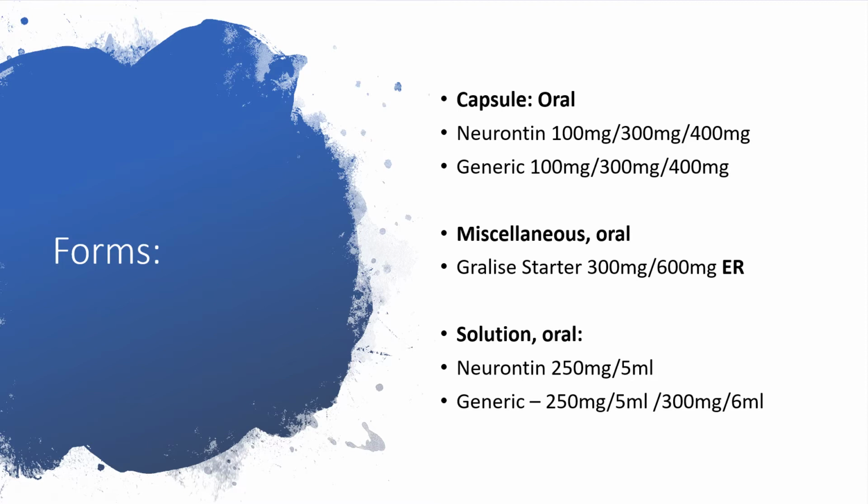It could come as miscellaneous oral forms like Gralise starter 300 milligram or 600 milligram extended release. It could come in the form of an oral solution, and then we can have Neurontin 250 milligram per 5 ml or generic 250 milligram per 5 ml or 300 milligram per 6 ml.